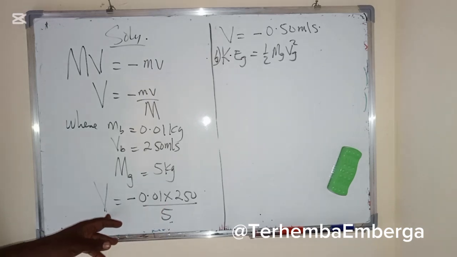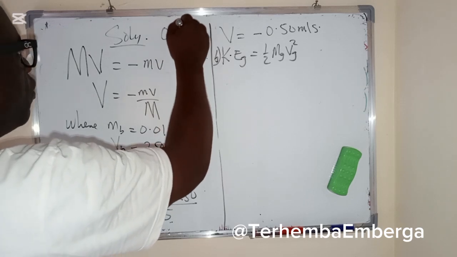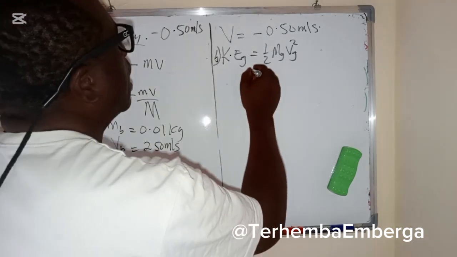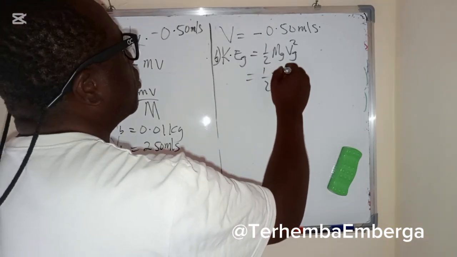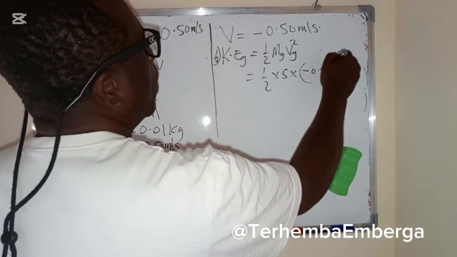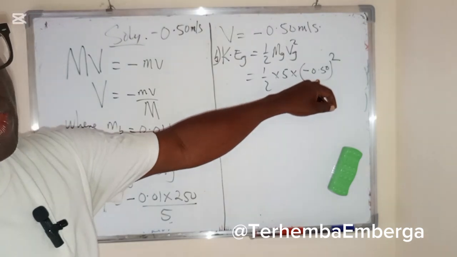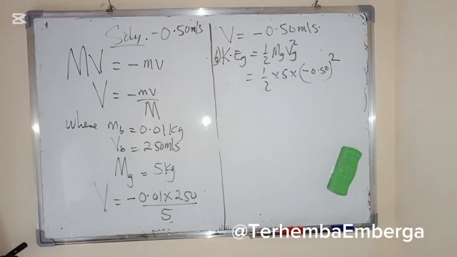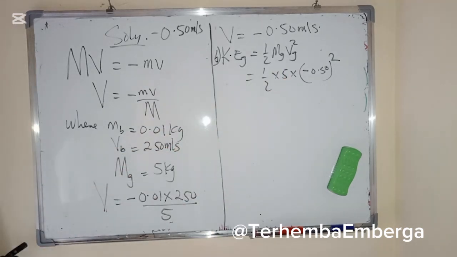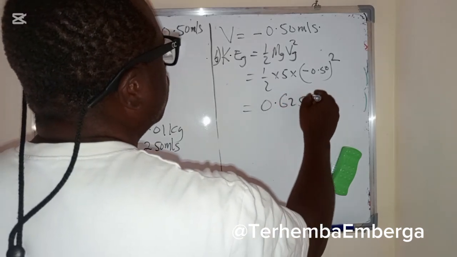We calculated the recoil velocity to be 0.50 meters per second. That is minus. So we can write this as half times 5 times minus 0.50 squared. Of course, this is a negative value. By the time we square it and multiply by 5, divide by 2, we'll have 0.625 joules.